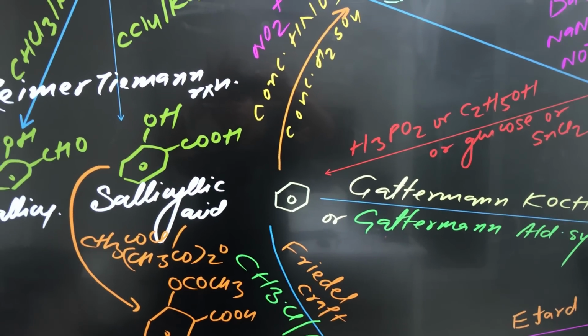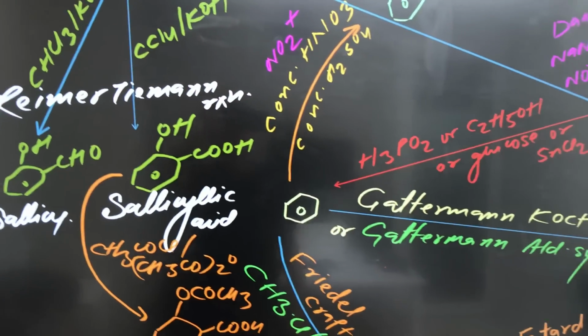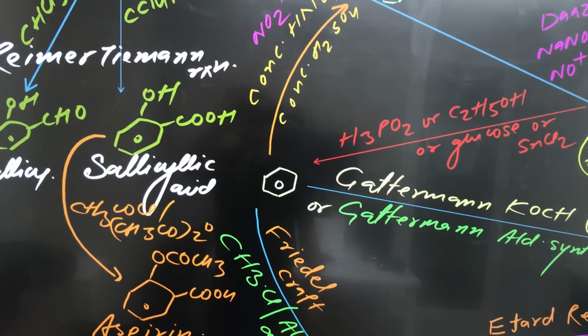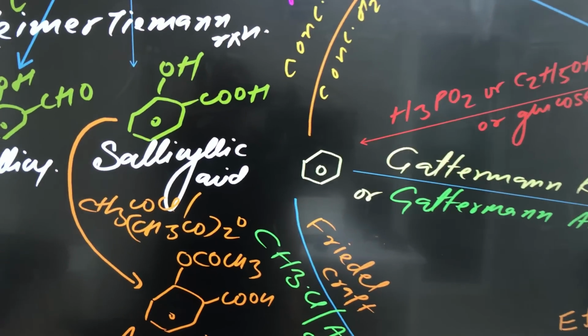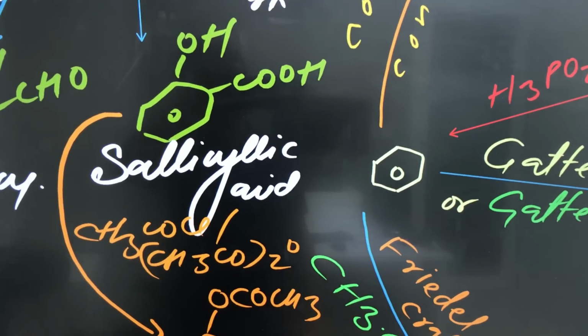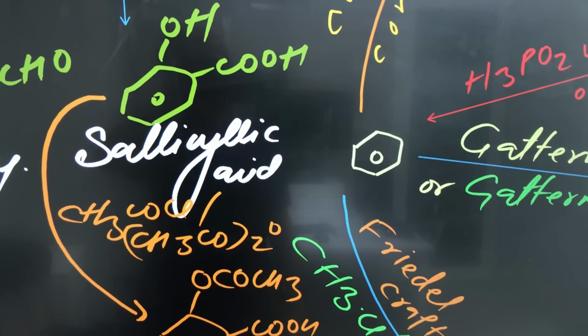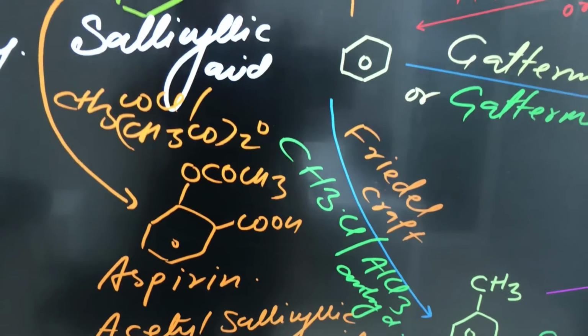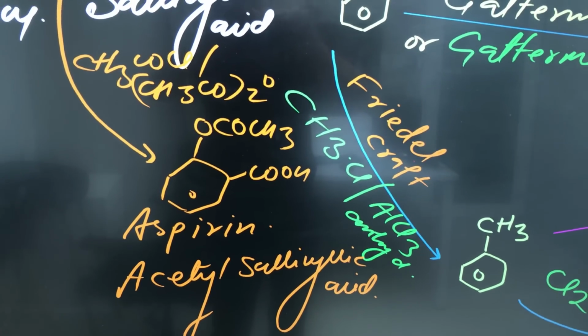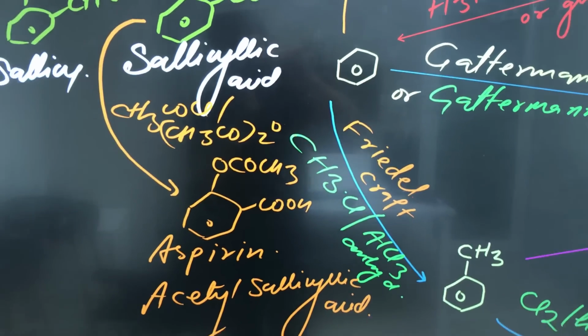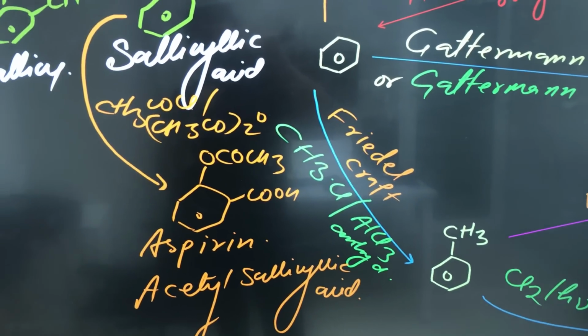When you react this salicylic acid with either of two reagents, acetyl chloride or acetic anhydride, you will get acetyl salicylic acid, and this is really the painkiller. Just see to it.